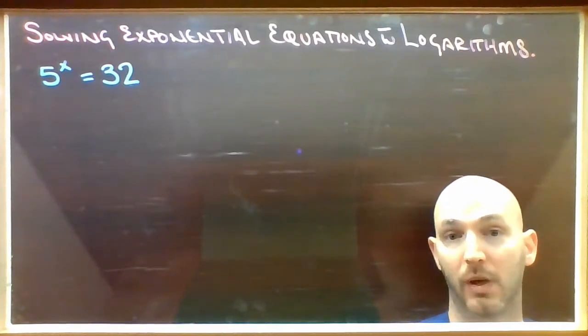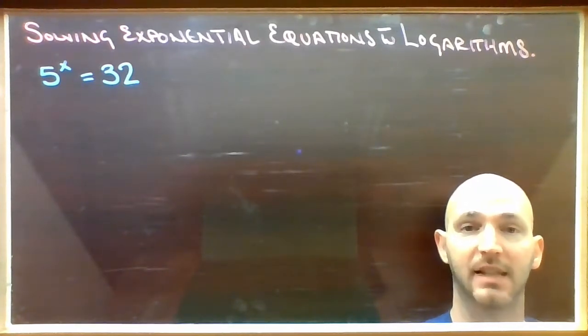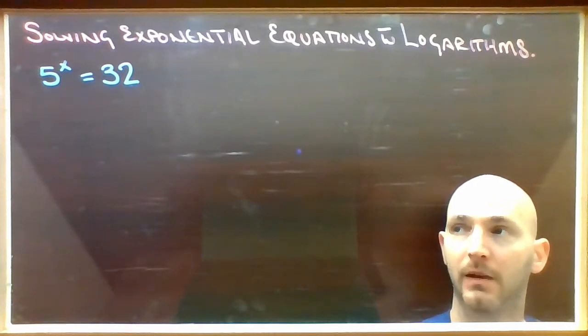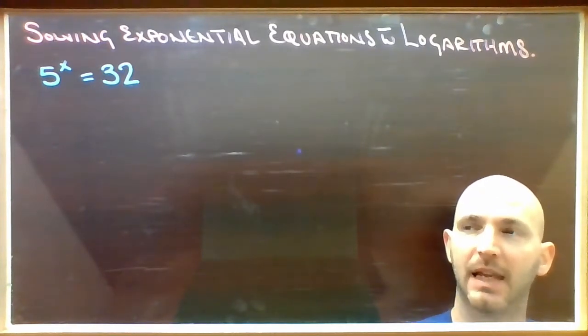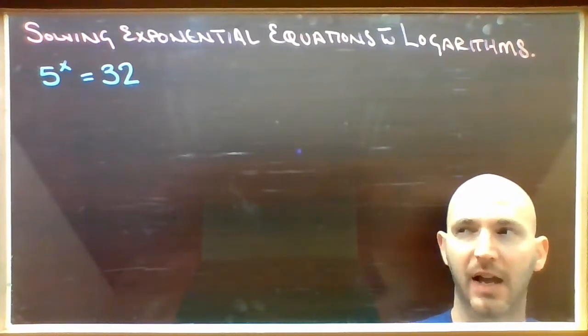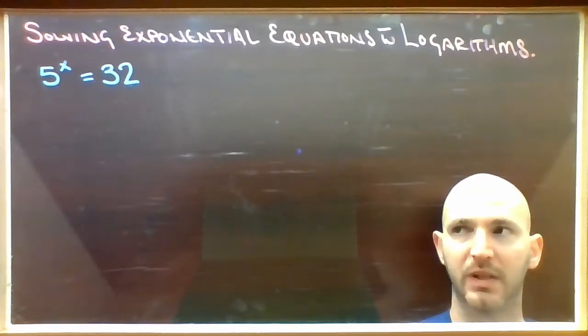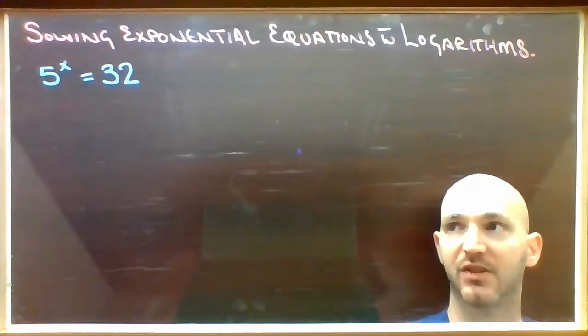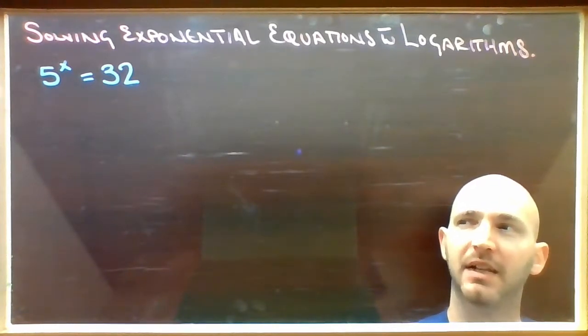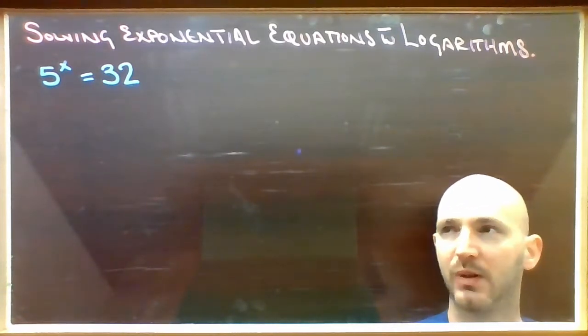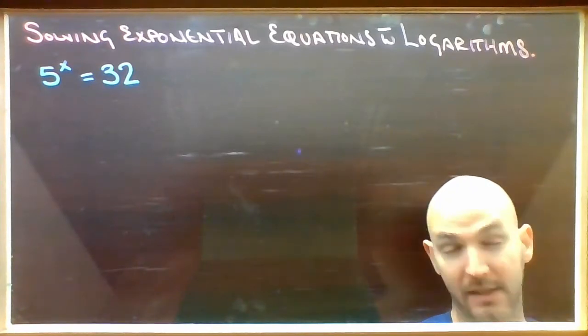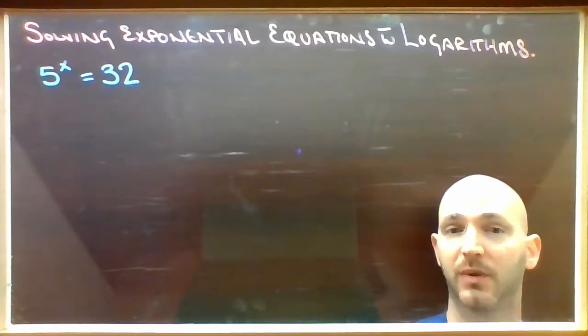So for this one, 5 to the exponent x equals 32. I know that x has to be at least 2, because 5 squared would be 25, that's not big enough. But 5 cubed is 125, and that's too big. So I'm expecting an answer between 2 and 3. And this is a good habit to get into, especially with logarithms.